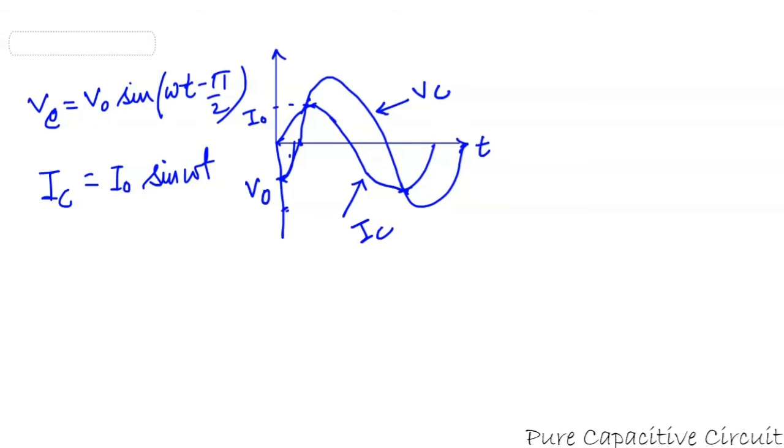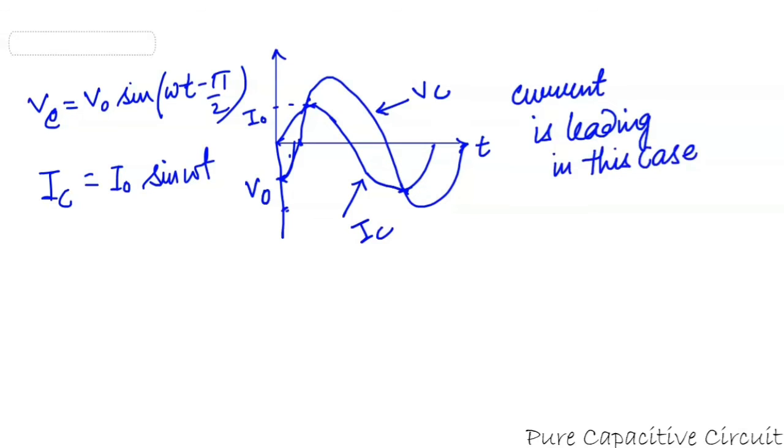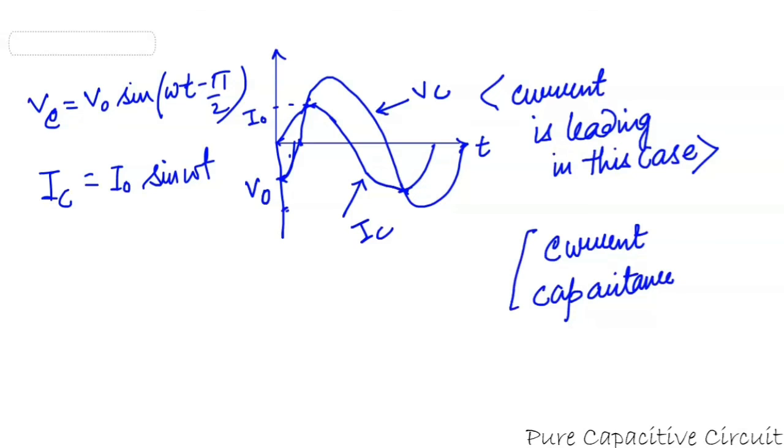So current reaches that value before voltage. That means current is leading in this case. So in a capacitive circuit, current will lead, and voltage will lag. There is a shortcut to remember: C stands for current and C stands for capacitance.